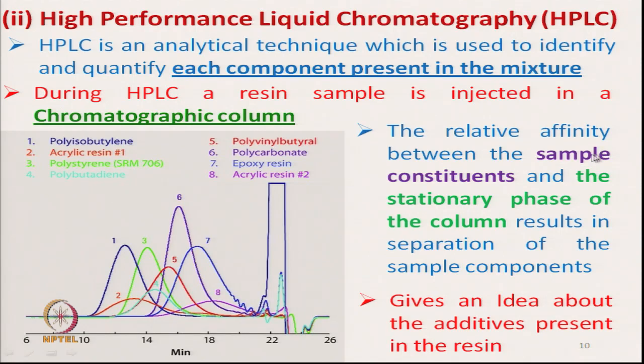Depending on the relative affinity between the sample constituents and the stationary phase of the column, the sample components get separated, and we can calculate the quantity of each component present.